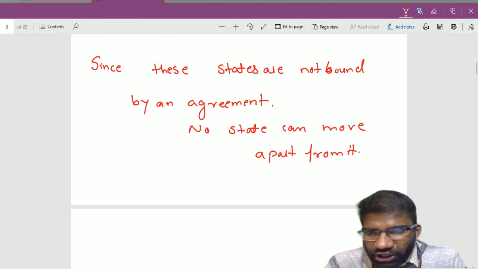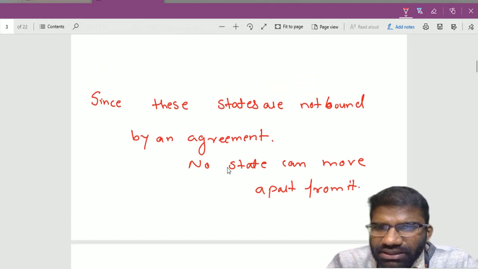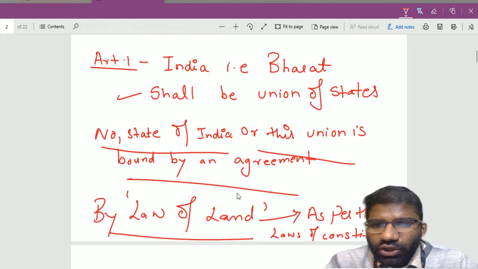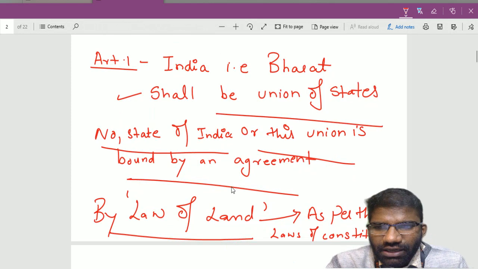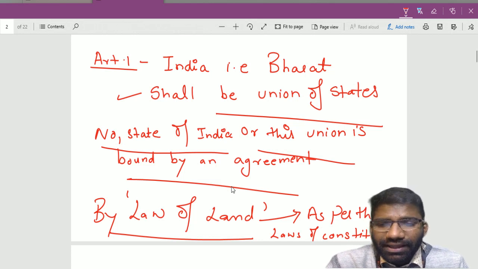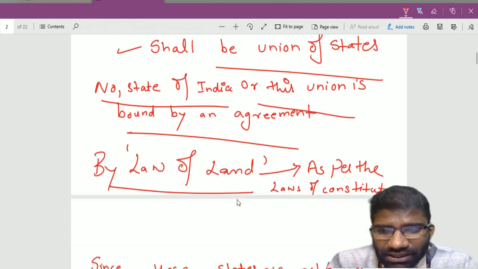So, concluding all the statements: India, that is Bharat, shall be a union of states. This was the first statement. No state of India is bound together by an agreement. This was the second statement. But India is formed by the law of the land. This was the third statement.